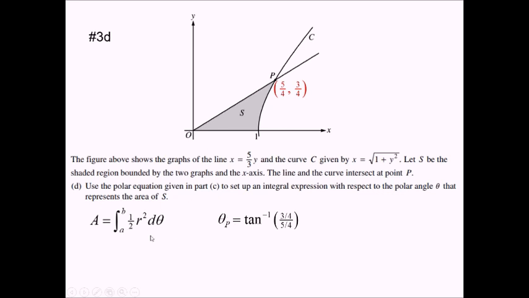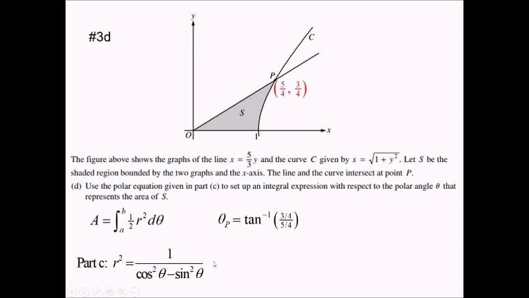Now I also need to fill in a value for this r squared, and the key on this is in part C, we found r squared. It's 1 over cosine squared of theta minus sine squared of theta. R was essentially this curve here, so since we can represent r squared as this, that's what we need to plug into our formula.